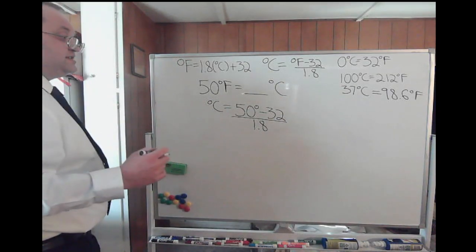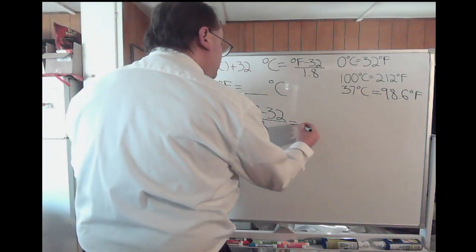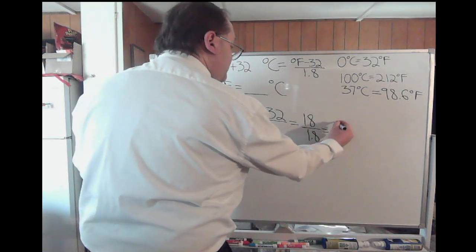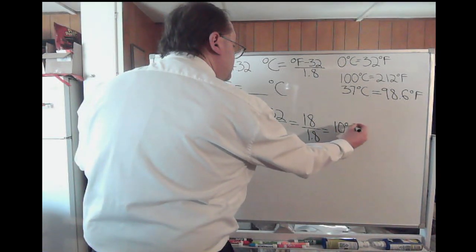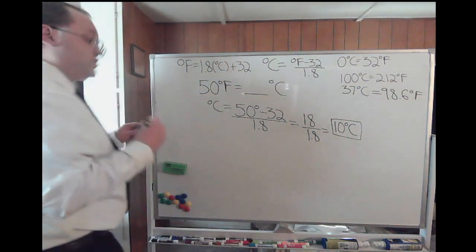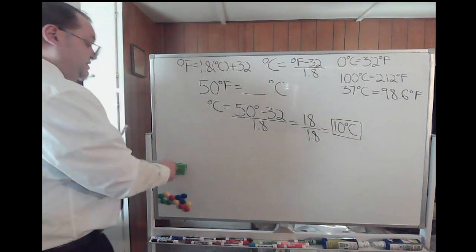So 50 minus 32, that's going to be 18. You'll have 18 divided by 1.8, which would give you 10. So 50 degrees Fahrenheit is equal to 10 degrees Celsius.